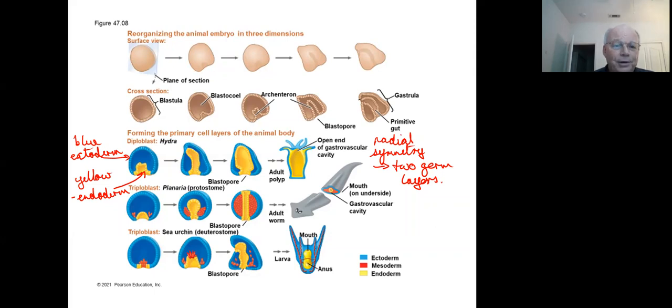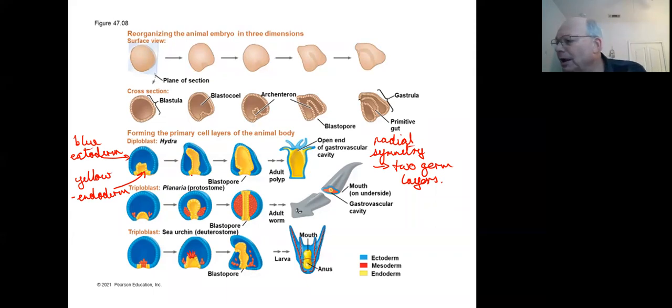So the endoderm is going to form the lining of the gut, the archenteron, or the gut cavity that's going to form here. Now, radially symmetrical animals only have a single opening into their gut that serves as both a mouth and also as a waste excretion opening. So the development here is a little bit different.